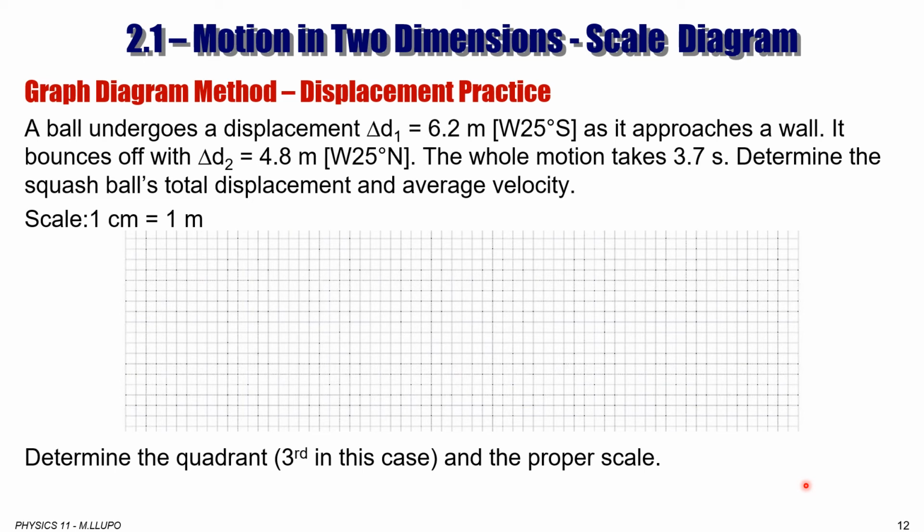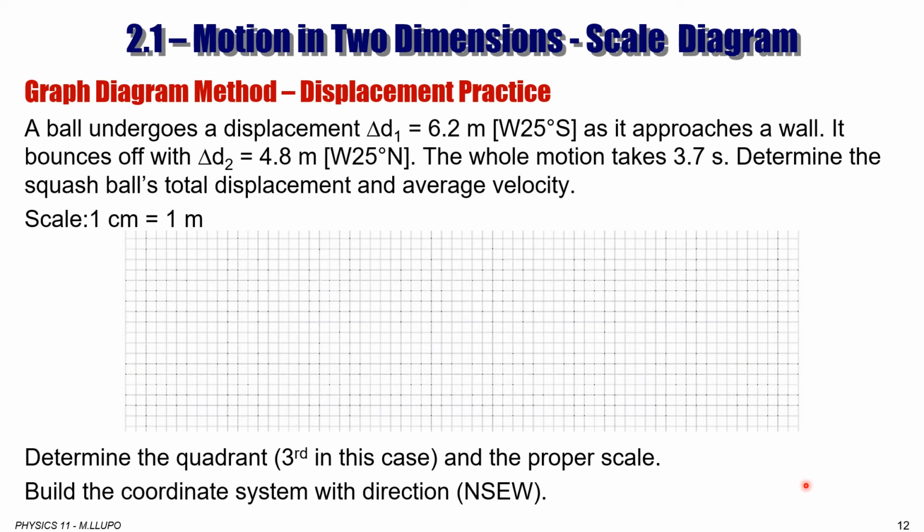Then the next step would be to draw a coordinate system. The coordinate system is exactly what it needs to be, leaving the whole space in quadrant 3, because I know that's where the vectors will be, and less in quadrant 2, because maybe that vector might go above the line, so I need a little bit of space there.